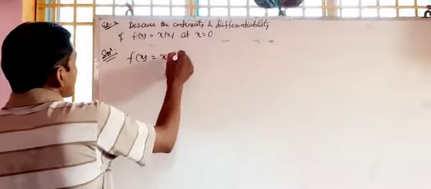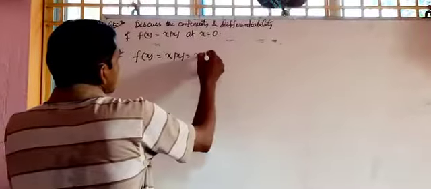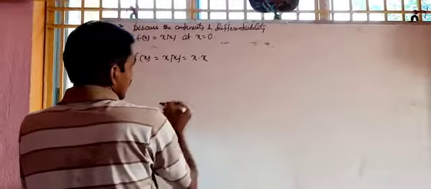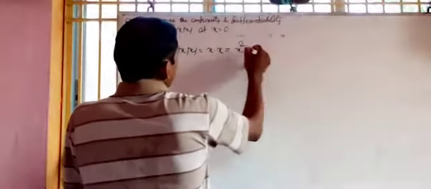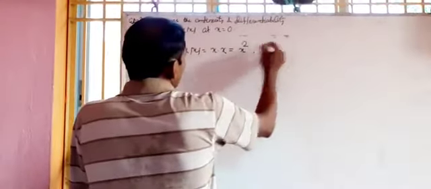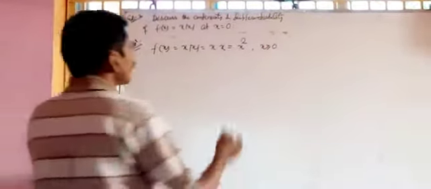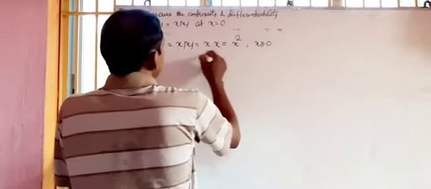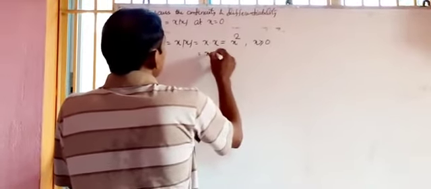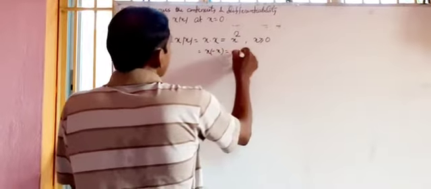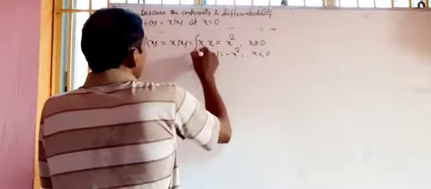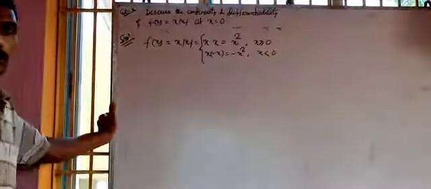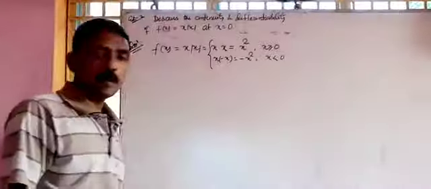It is x mod x, so it is x into x, that is equal to x square when x is greater than or equal to 0, and x into minus x, that is minus x square, when x is less than 0. So one is x square, another is minus x square. This is x mod x.